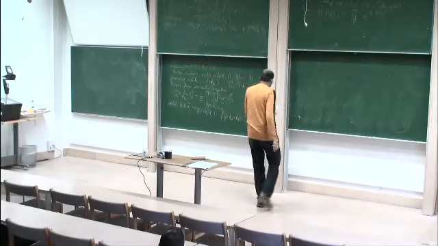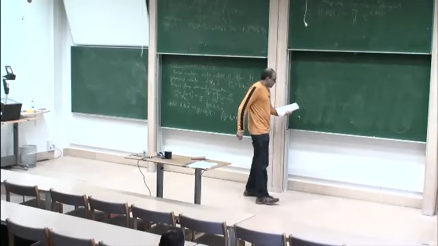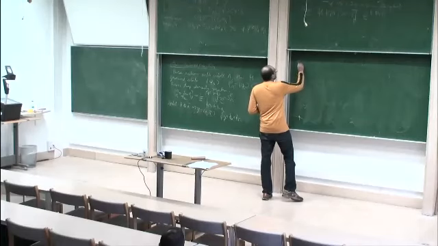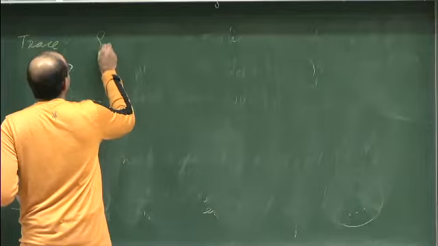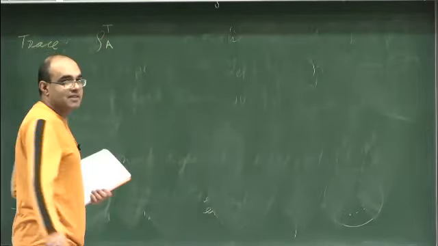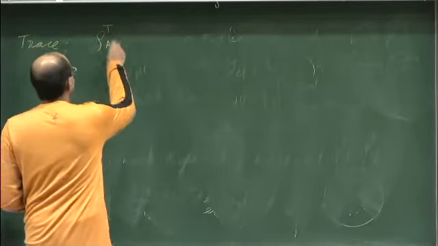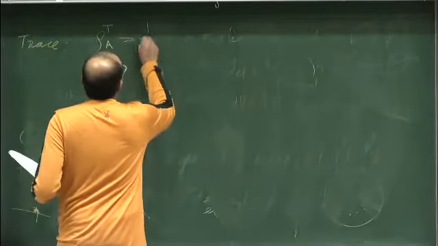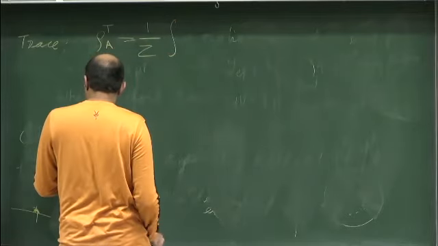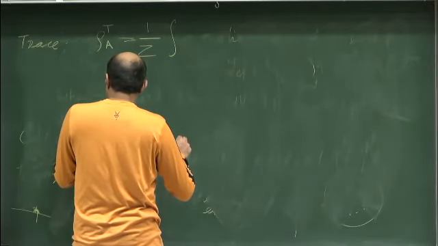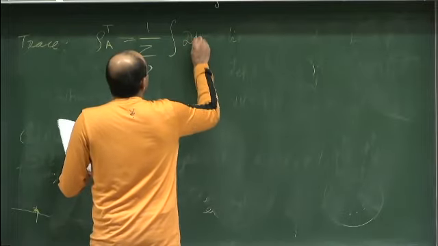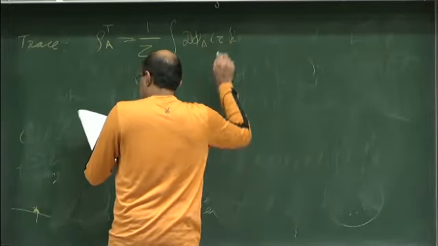Okay, so now I want to do the partial trace. This is the partial trace, and that gives me the reduced density matrix. You can write that as 1 over the partition sum of, I have d phi A of tau.